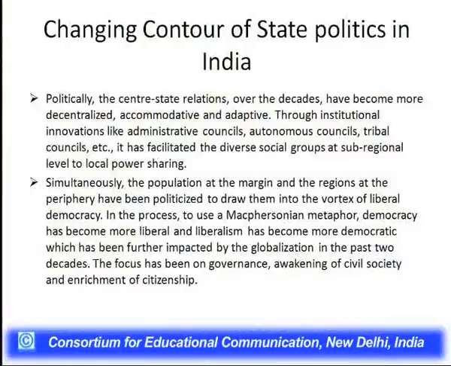Then what are the changing contours of state politics in India? As I said earlier, contemporary state politics in India is gradually moving towards more democratization, more opportunities for the young and others, more safety for its citizens.